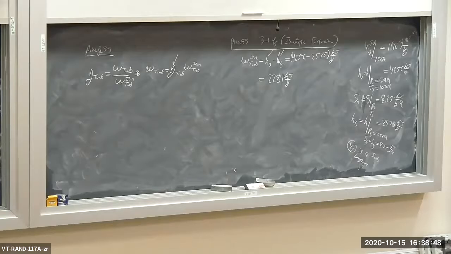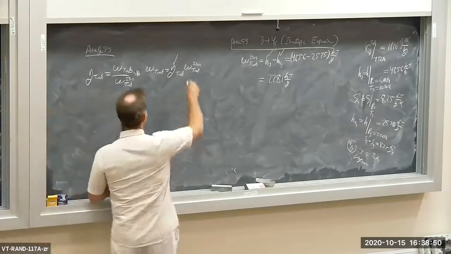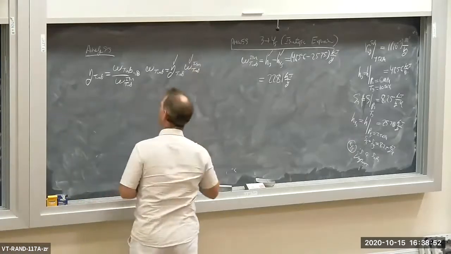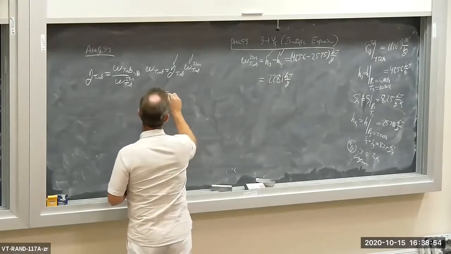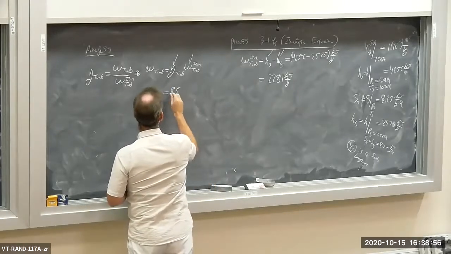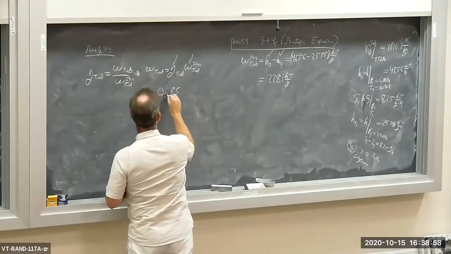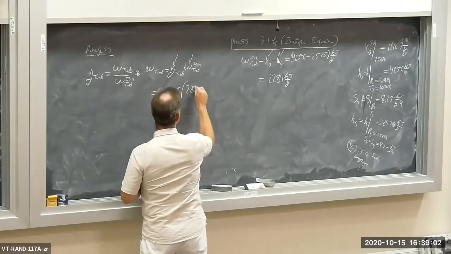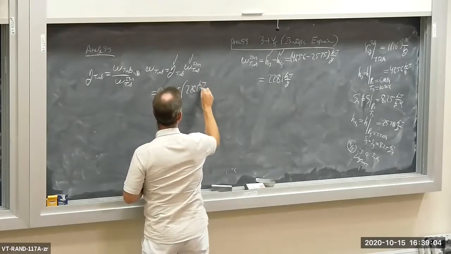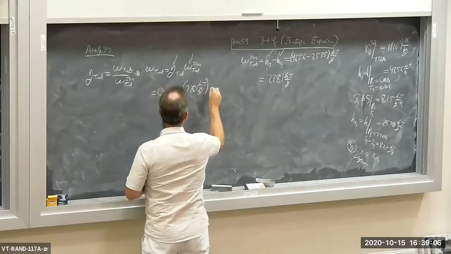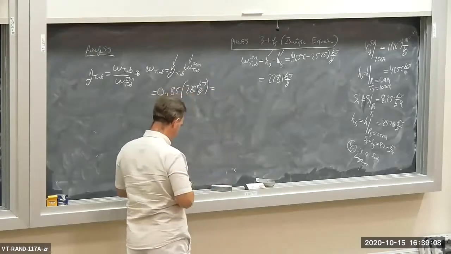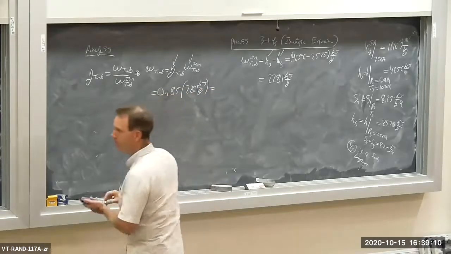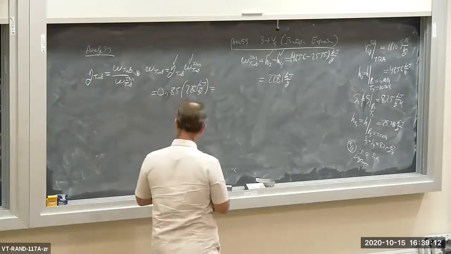Okay, so now I have the specific work for the isentropic turbine I can plug in. 85% efficiency, 2281 kilojoules per kilogram, so times 0.85. Make sure I have the right isentropic efficiency. Yes, I do.